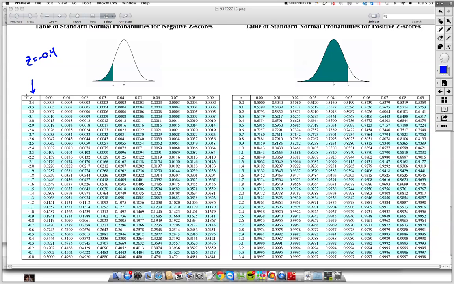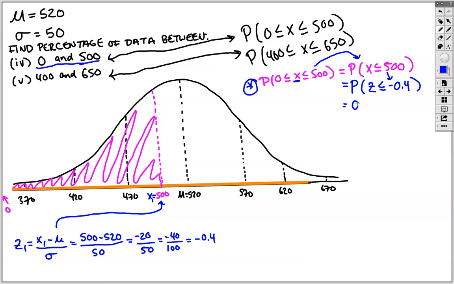So again, we go down this column because this is the negative column. And we find it right here, right? And what column is it? Well, this is the row, negative 0.4, and this is the column, 0.00, right? Because that's what we want. Over here, 0.3446.